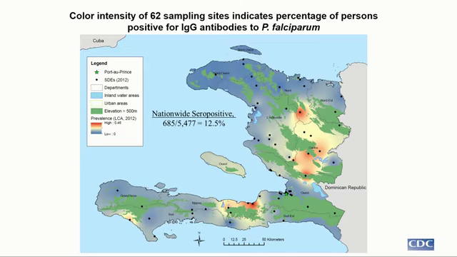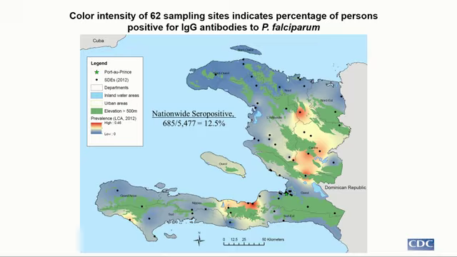Here you can see the dark red or yellow, which tells where there seems to be a lot more signal and exposure. Those are the areas where a lot more exposure to the parasite is taking place.